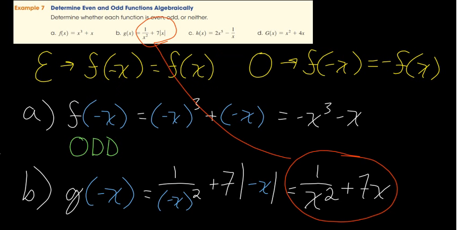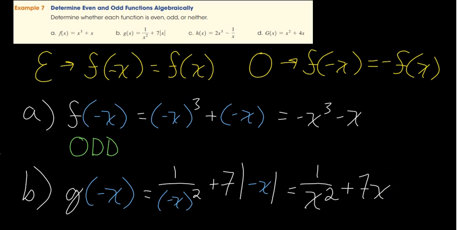It actually is, even though it's missing the absolute value symbols. Because what is the absolute value of x? That's just x. And that's what this is over here. So it is the exact same as my original equation, so we can just stop there. That means that B is going to be even, because it's the exact same.